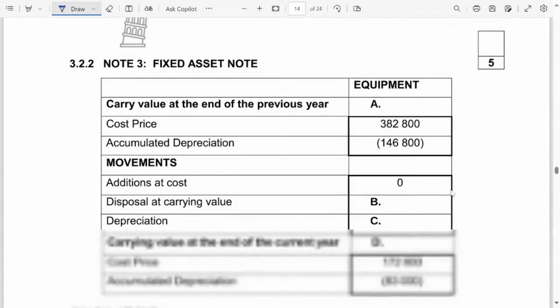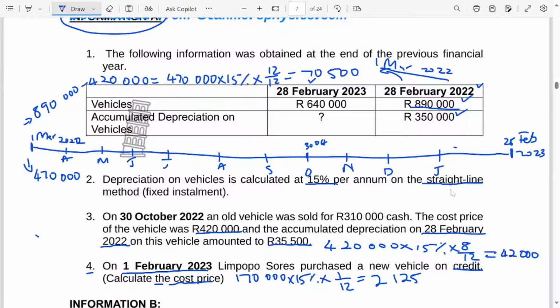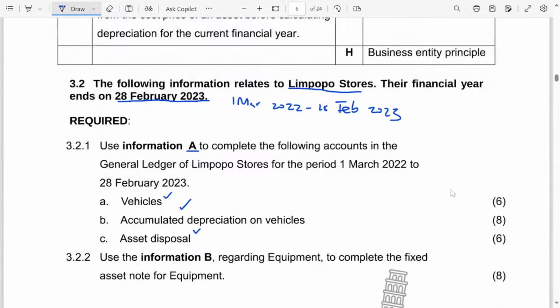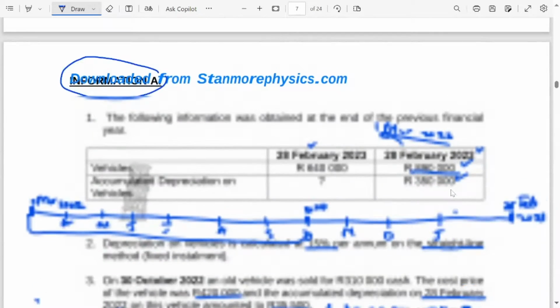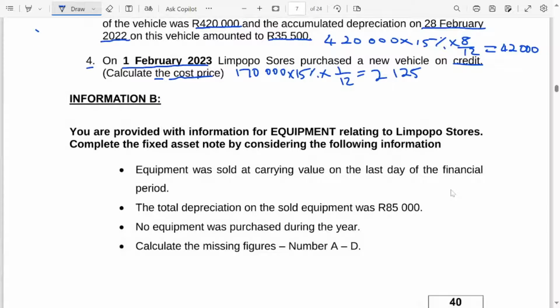Now we move on to 3.2.2. What did they say? Let's go back to it. Use the information B regarding equipment. Complete the fixed asset note for the equipment. Information B: you are provided with the information for the equipment relating to Limbombo stores.